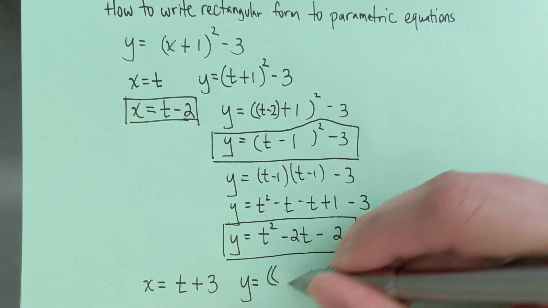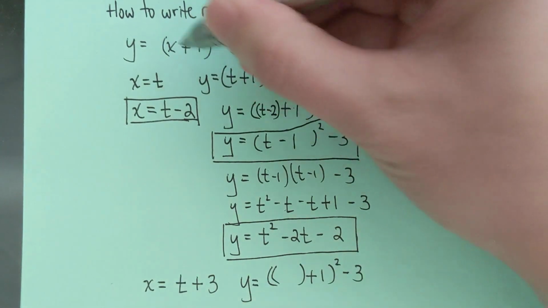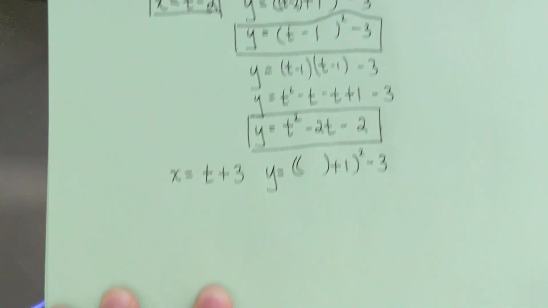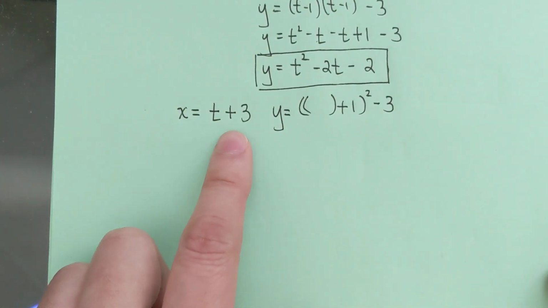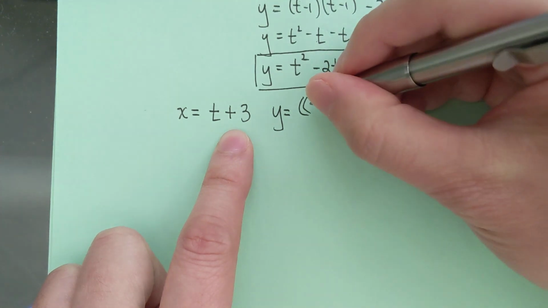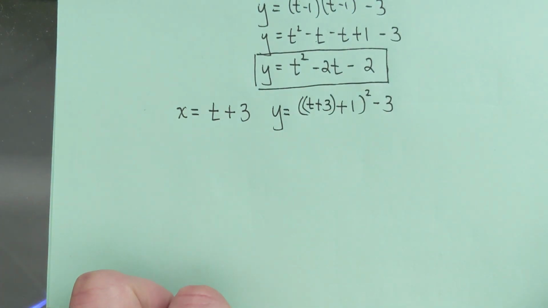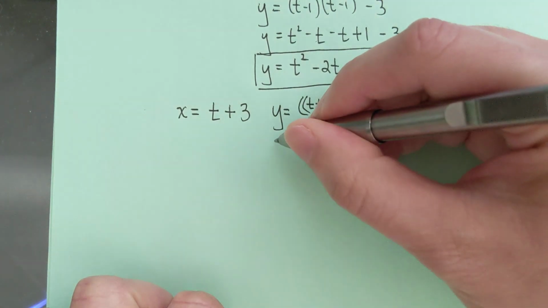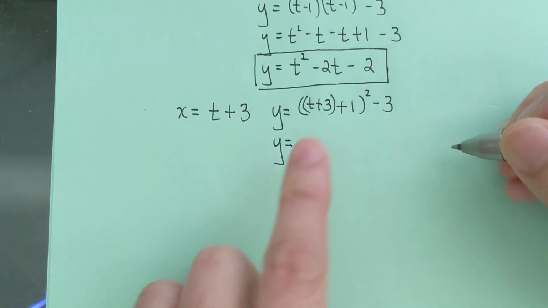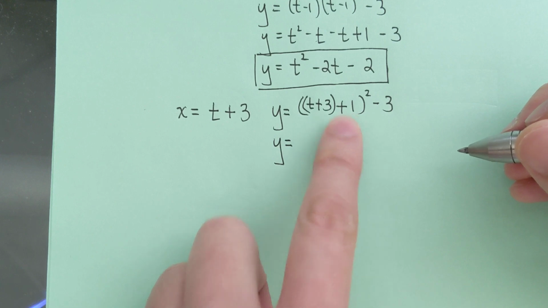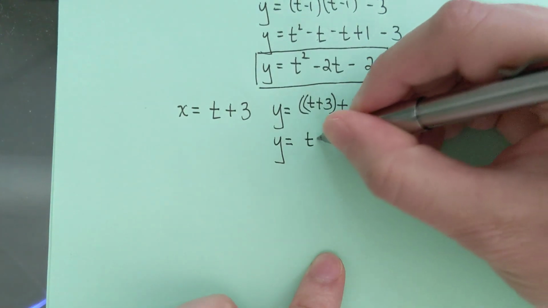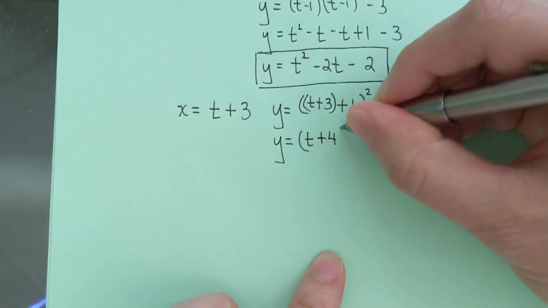Now x is supposed to go here before the plus 1. So in this particular example, I said x is t plus 3. Therefore, I put t plus 3 where x was supposed to be. T plus 3 plus 1 is the same thing as t plus 4.